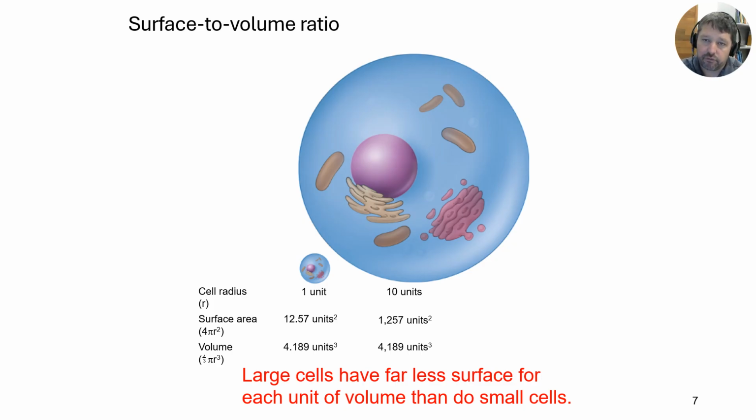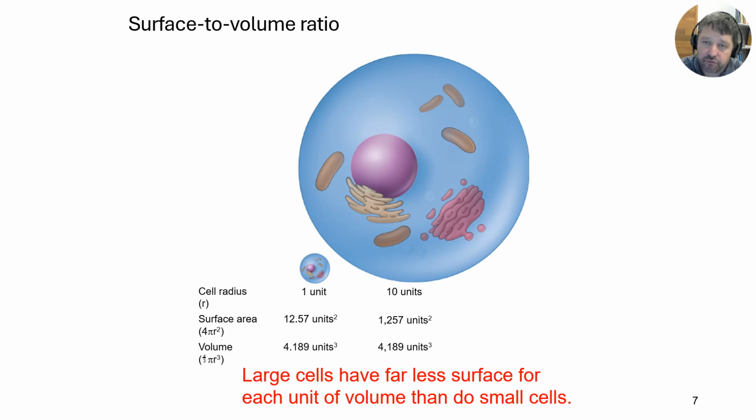And the reason that this is important: if this is the nucleus, at least this region is making a lot of proteins. And let's say you need proteins out here on this cell membrane.